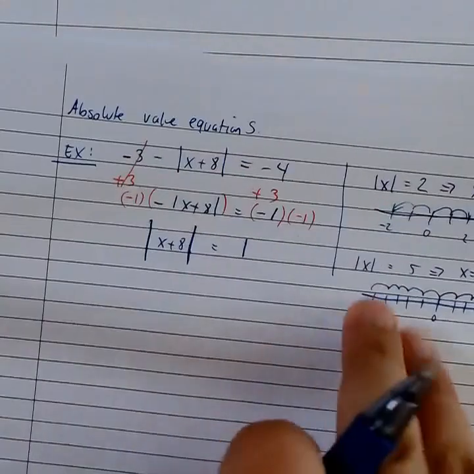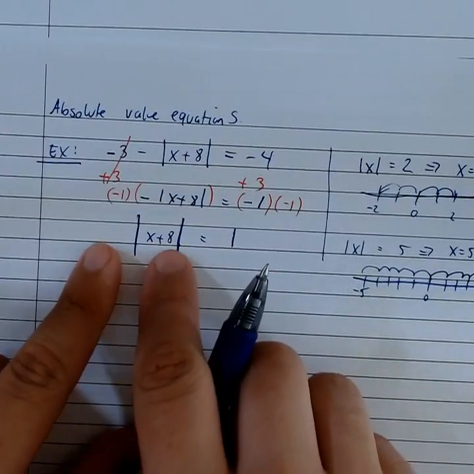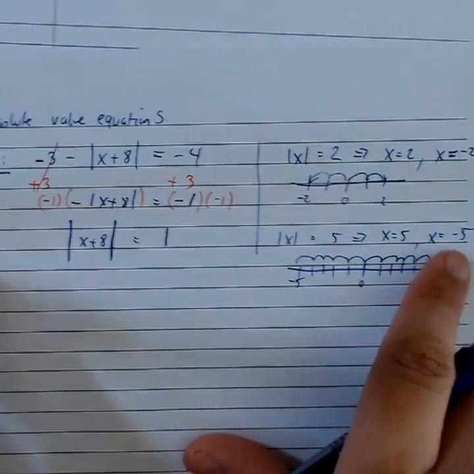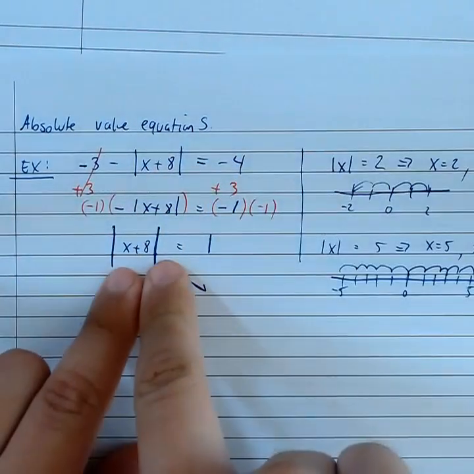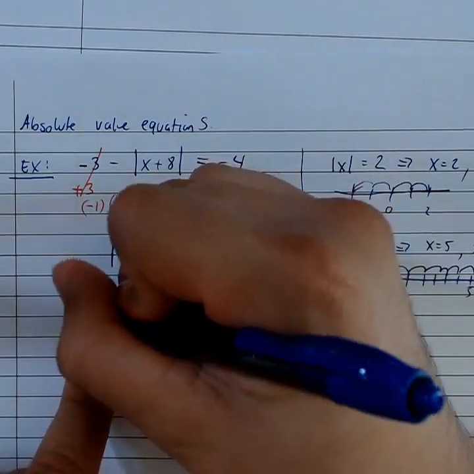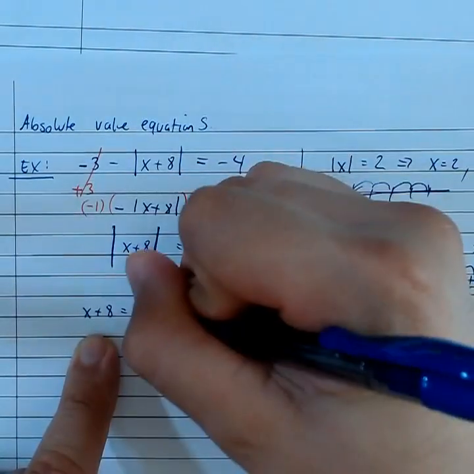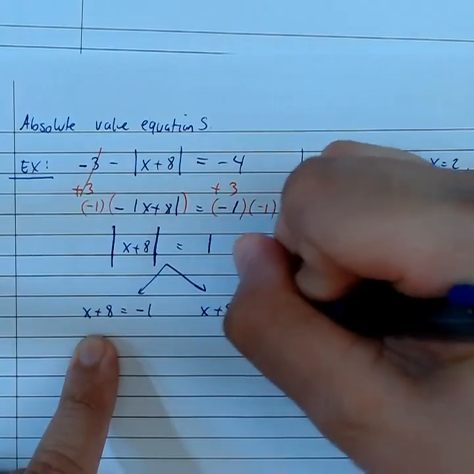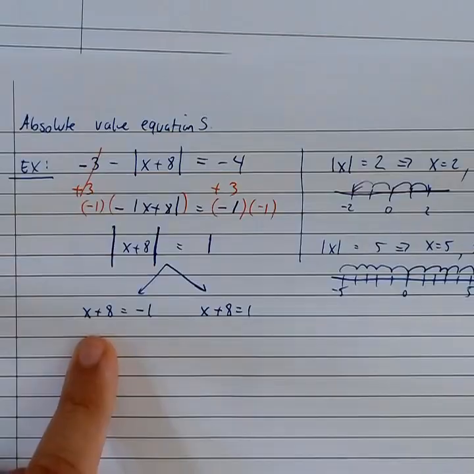So over here, if I say absolute value of x plus 8 is equal to 1, that means x plus 8 is either equal to positive 1 or it's equal to negative 1. Whenever you have an absolute value equation, once you've isolated the absolute values, this will split into 2 separate problems. Either the thing inside the absolute value will equal the positive version of that number, or it will equal the negative version of that number. X plus 8 will either equal positive 1 or negative 1.